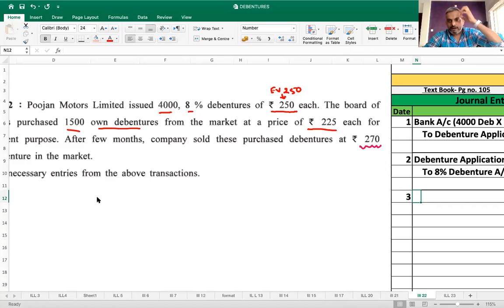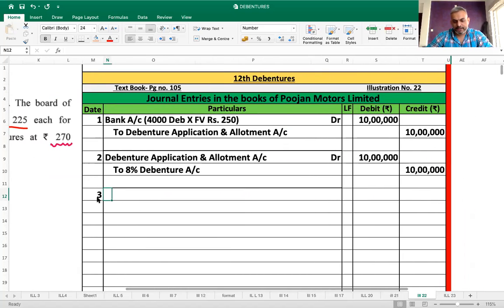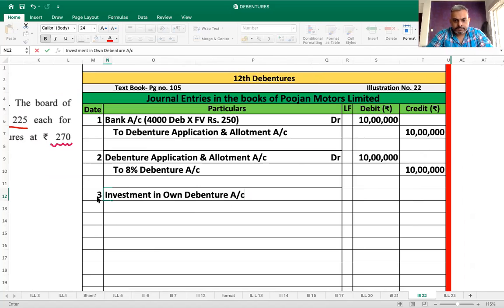Let's buy our debentures from the market for investment purpose at a cheaper rate. So over here we are buying our own debentures. So we have to create an account, investment in own debenture account, debit to bank account.